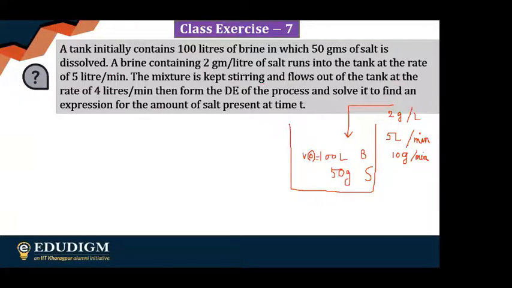Done. The mixture is kept stirring and flows out of the tank. Now let's use the third line. It flows out of the tank at a rate of 4 liters per minute. So 4 liters per minute, this is a flow. What I need here is this part: how many grams of salt per liter?